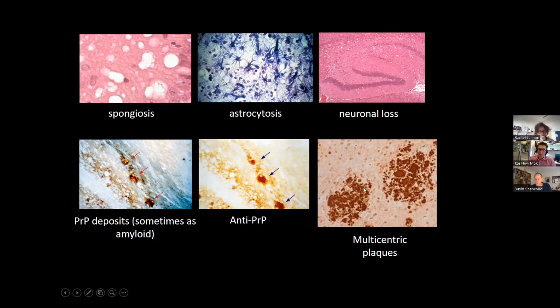When you see PrP antibody staining like this, these are called multicentric plaques. You find these are quite characteristic for inherited prion disease of a certain type.